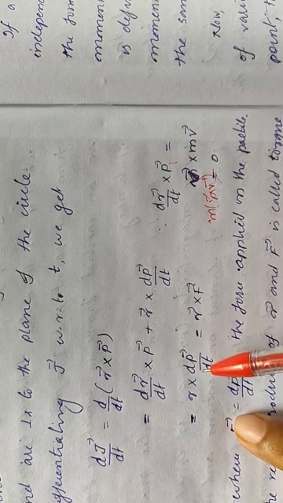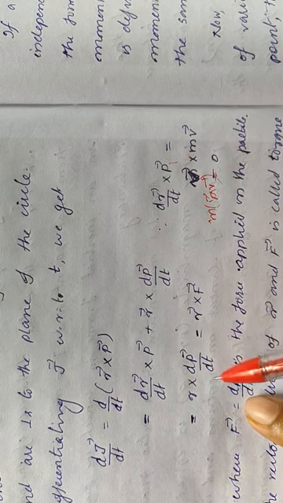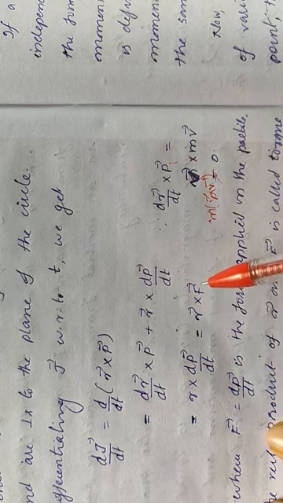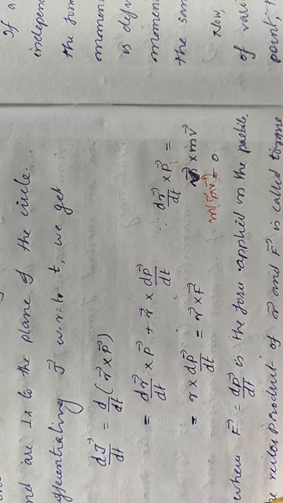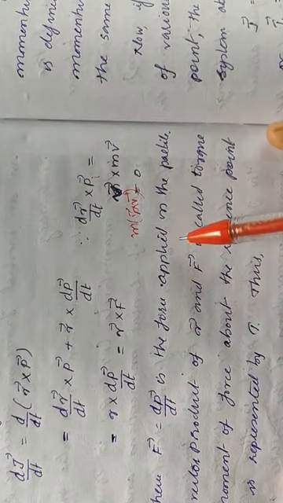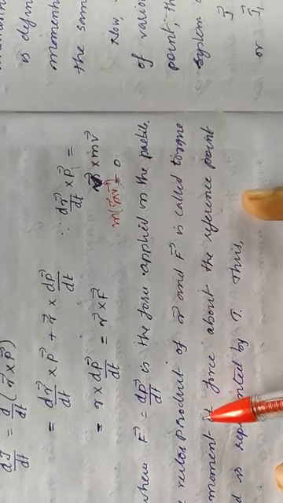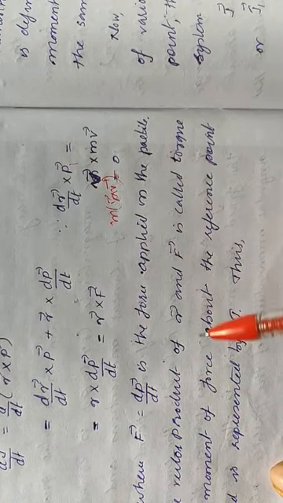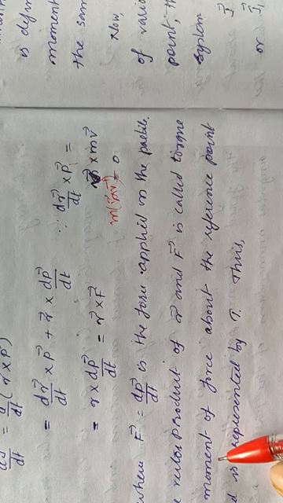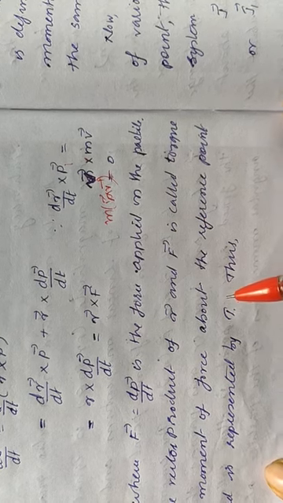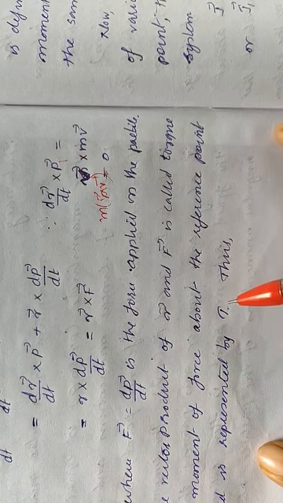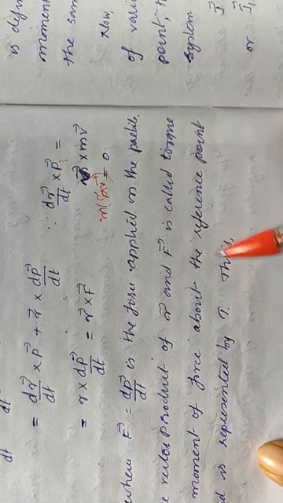So we get R cross dP by dt. dP by dt is nothing but the rate of change of momentum, which is force according to Newton's law, so this is the force applied on the particle. The vector product of R and F is called torque or moment of force about the reference point and is represented by tau.